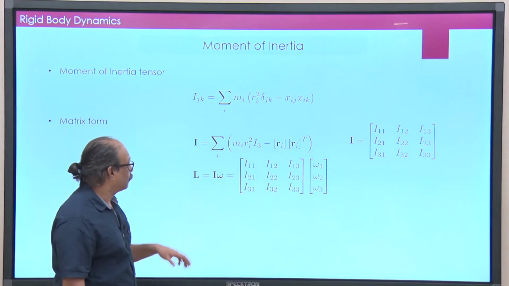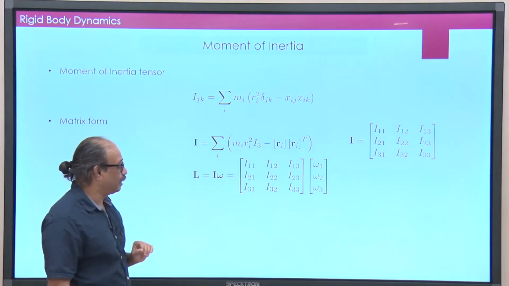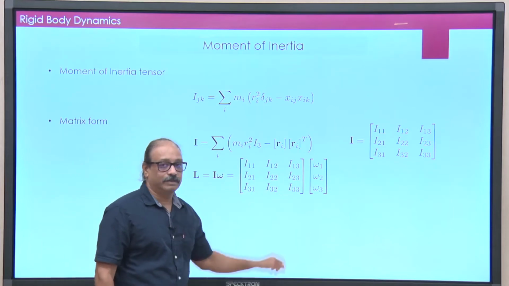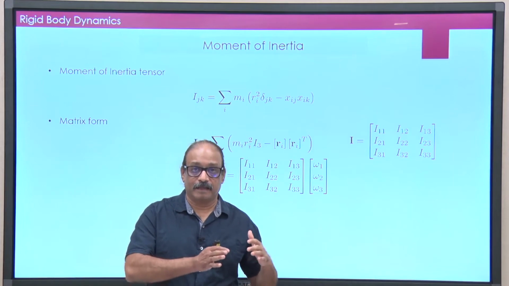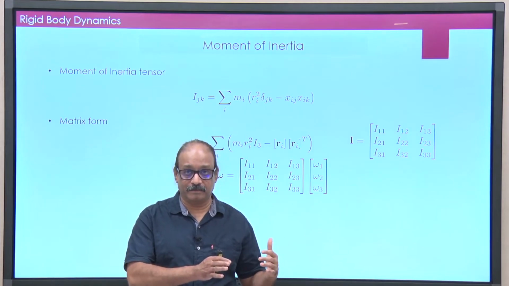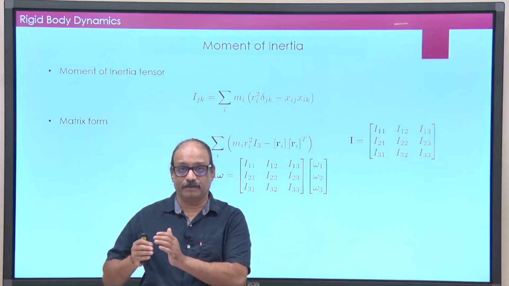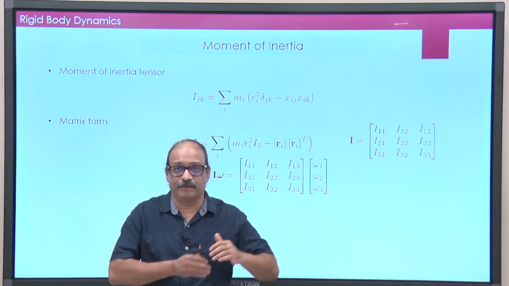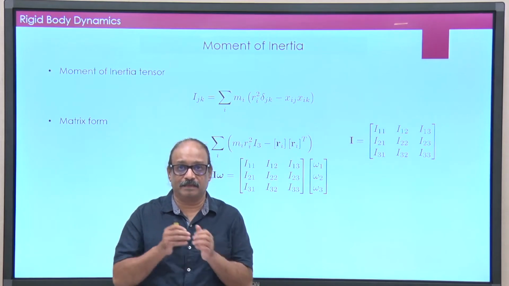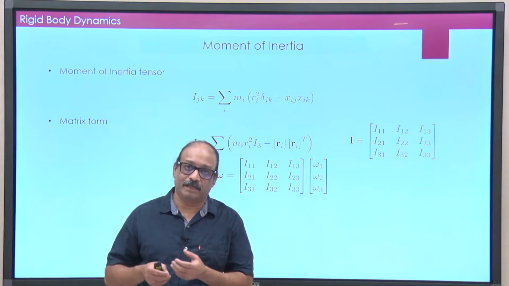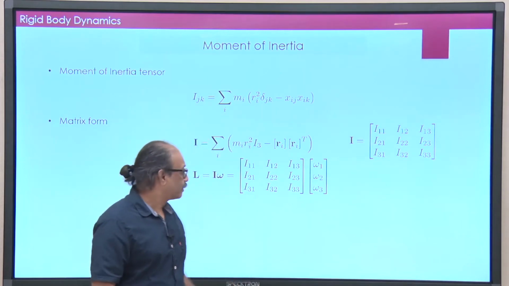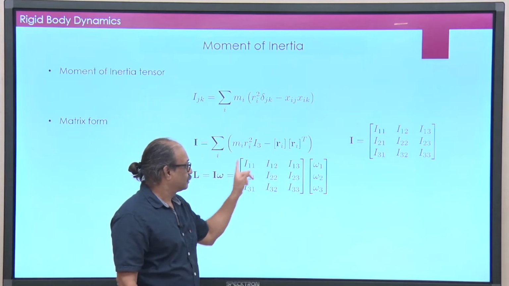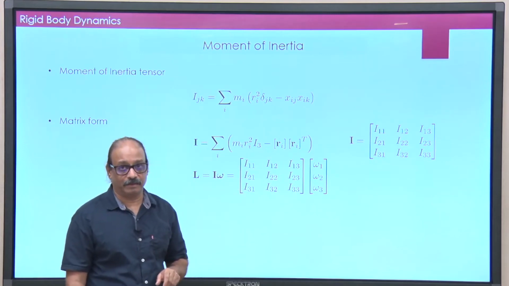So, now from a given omega I can calculate L as long as I know the moment of inertia. This neatly separates the inertia of the body from the velocity. It's just like linear momentum, which is mass into velocity. Velocity is the changing parameter, mass is the intrinsic property of the body.